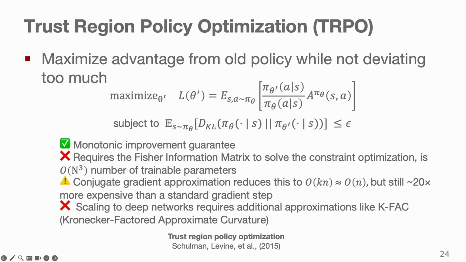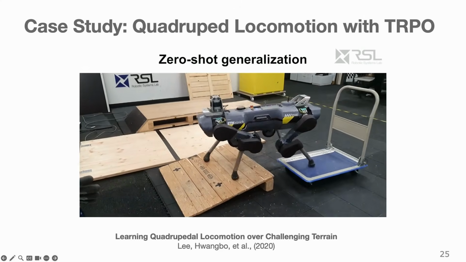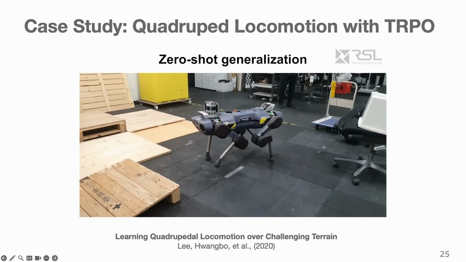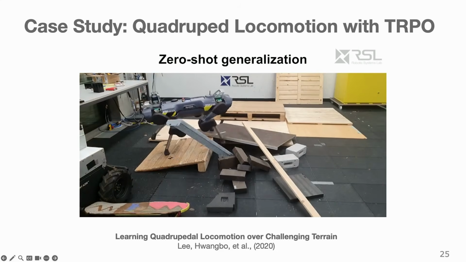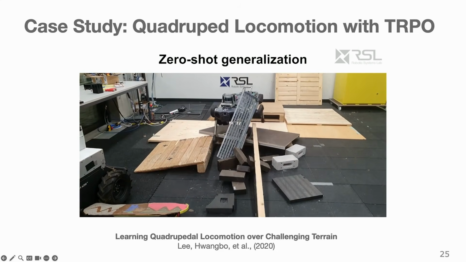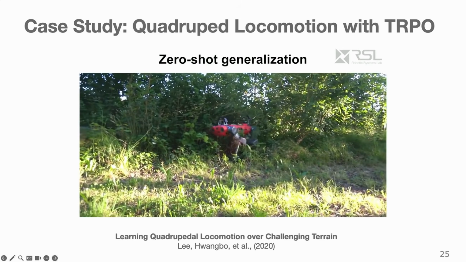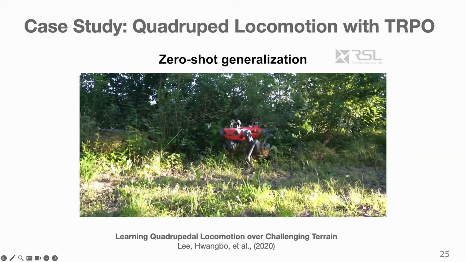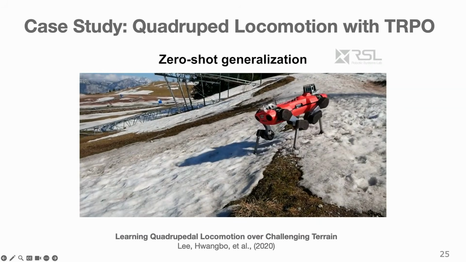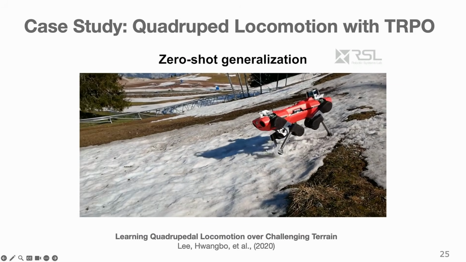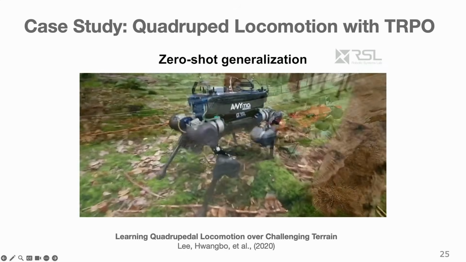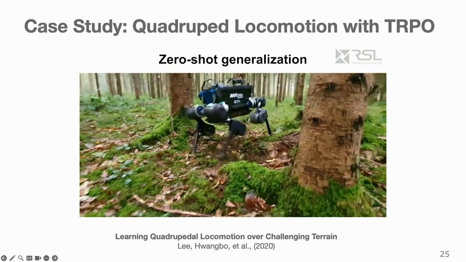So it's not that popular nowadays, but still, you can see really compelling robotics applications, even here from ETH, where TRPO was used to train quadruped locomotion, sim to real, and you can see very nice zero-shot generalization examples.